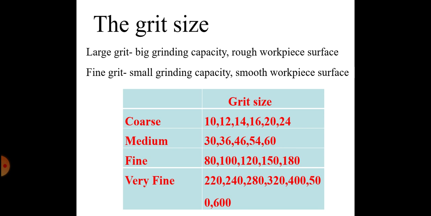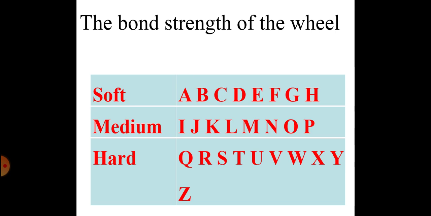In fine, there are 80 to 180, and very fine is 220 to 600, shown in the table. This is the second parameter of the specification of the grinding wheel.